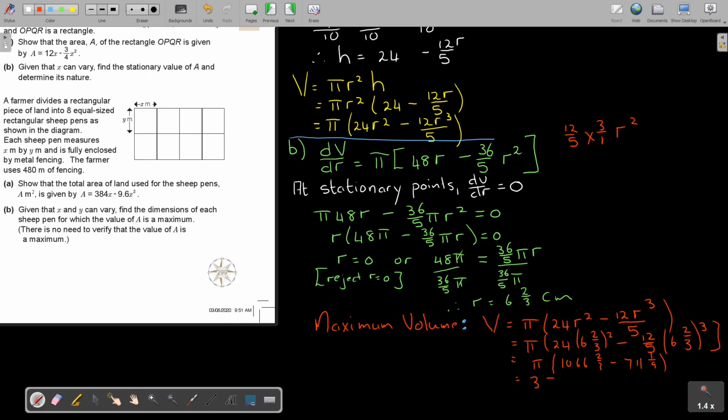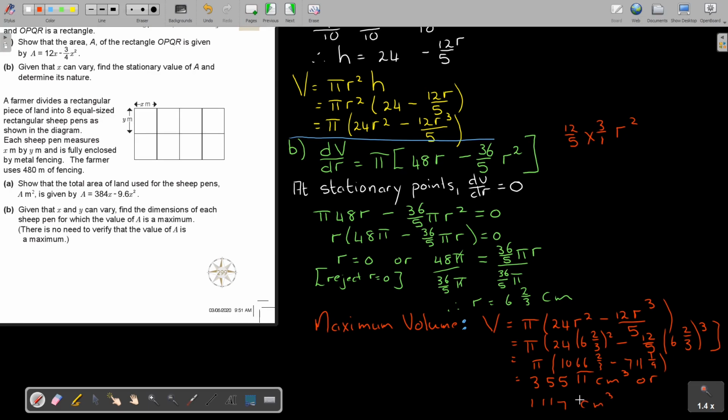So the answer was 355 pi, in terms of pi, cubic centimeters. Or if you want to get rid of pi, you just multiply with the real pi, shift pi, equals, and then correct to three significant figures, it is 1117.31. That's actually not correct to three significant figures.